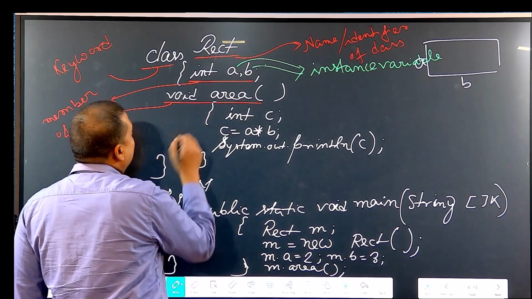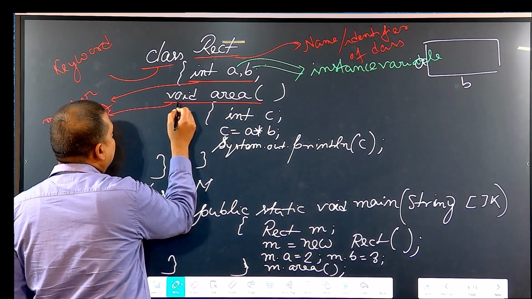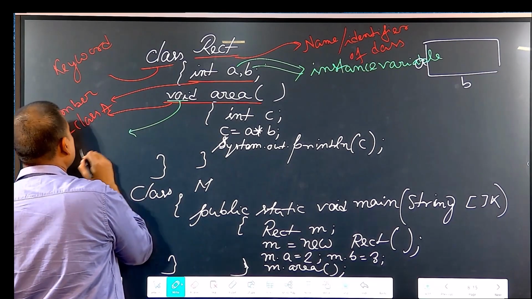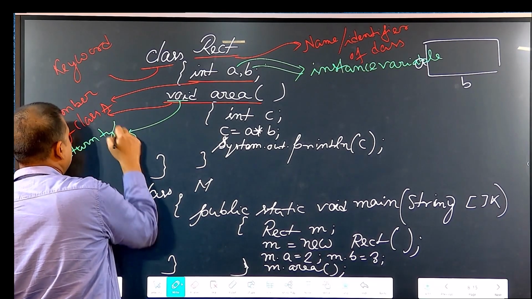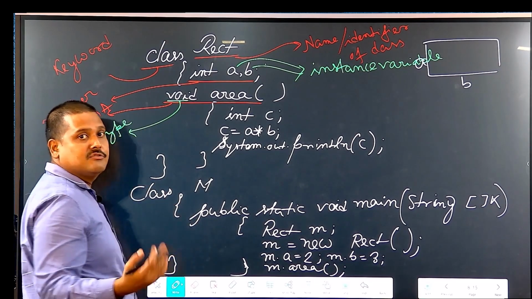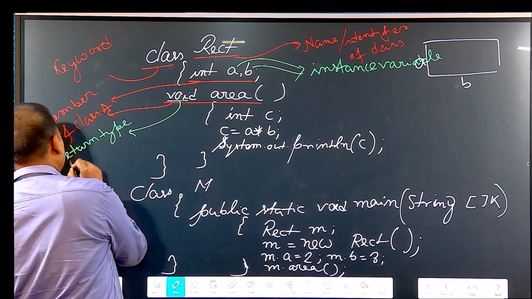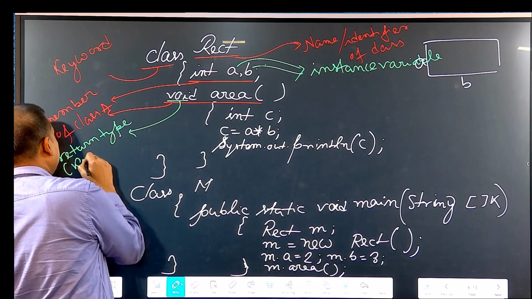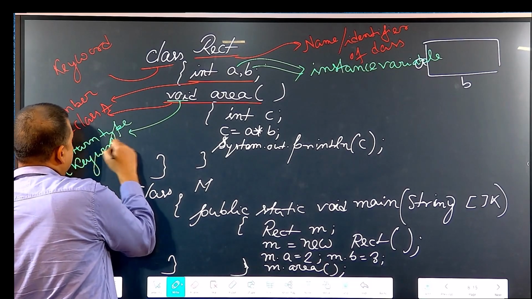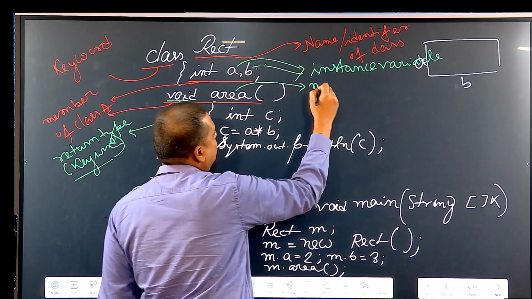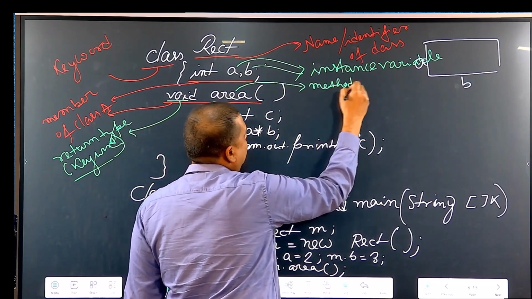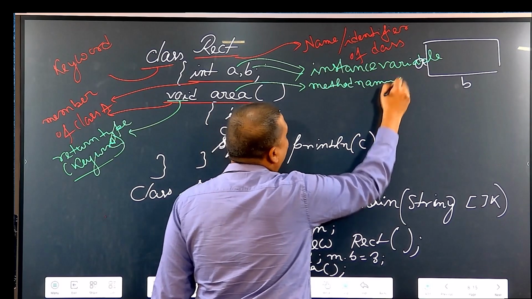So, this is the member, again the void, this is the return type. As we are not returning anything, it is void, and it is also called a keyword. This is the method name or identifier.